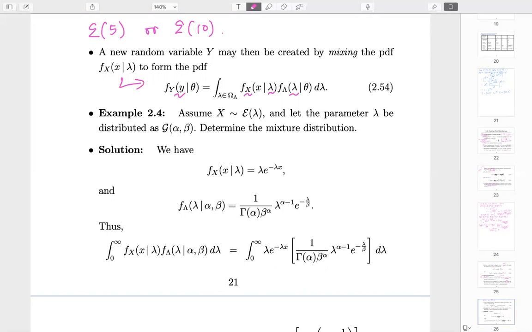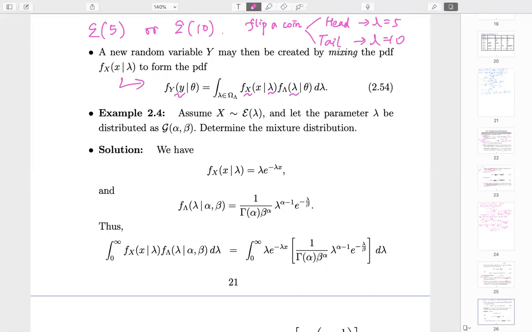So what I do is I flip a coin. If the coin turns head, I pick lambda to be 5. If the coin turns tail, I pick lambda to be 10. Do you get any better understanding from this example?